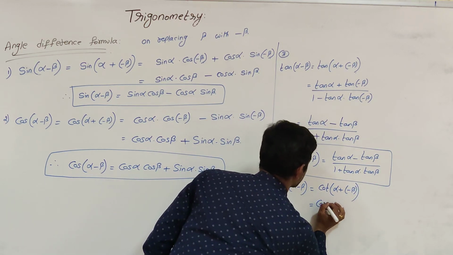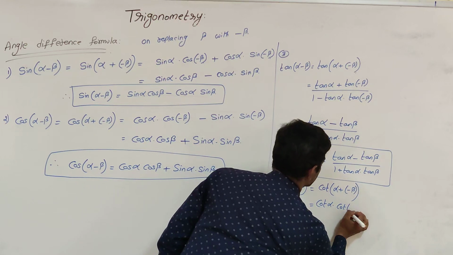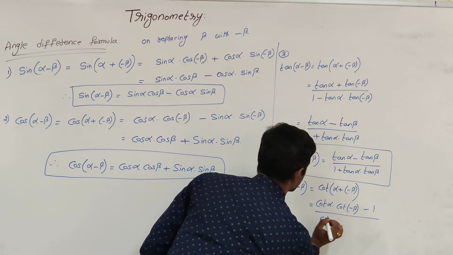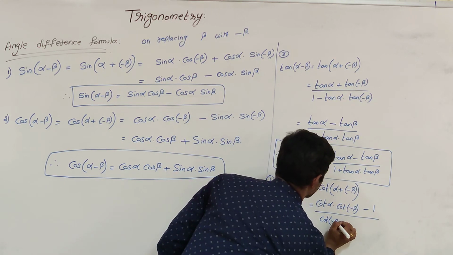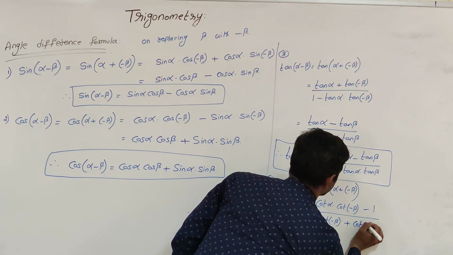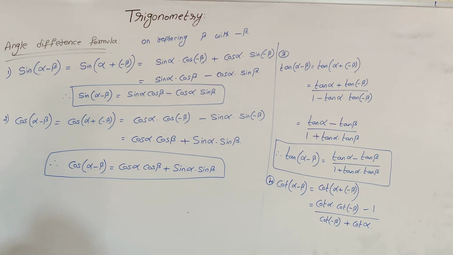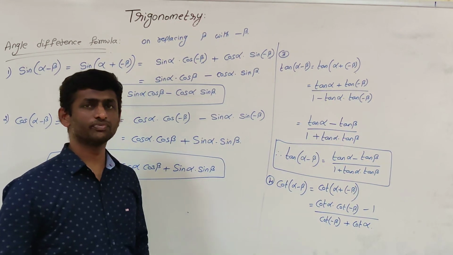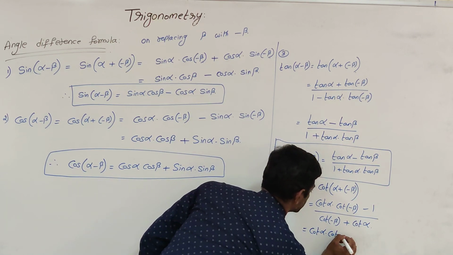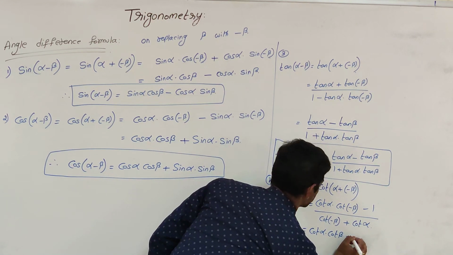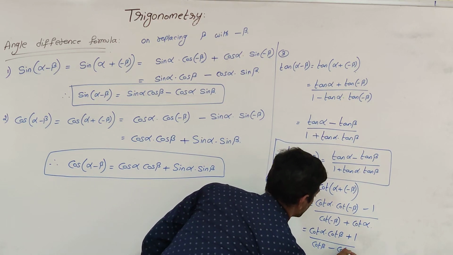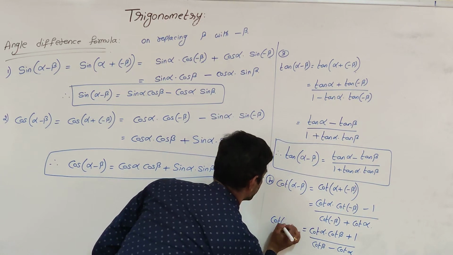So that is cot alpha into cot of minus beta minus 1 by cot of minus beta plus cot alpha. If you simplify, you will get cot alpha into cot beta plus 1 by cot beta minus cot alpha. That gives cot of alpha minus beta.